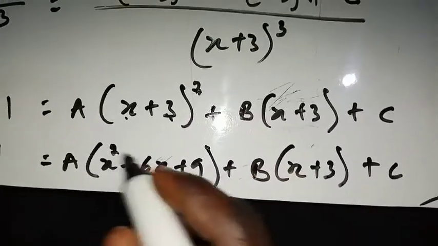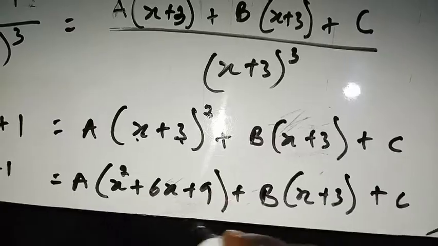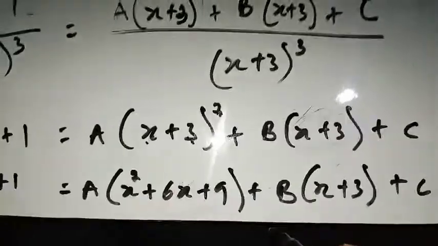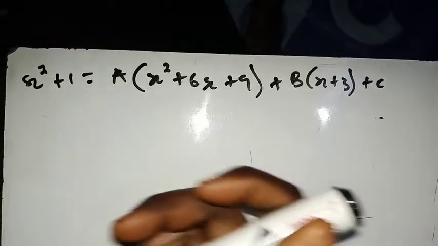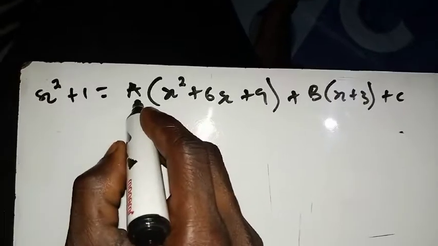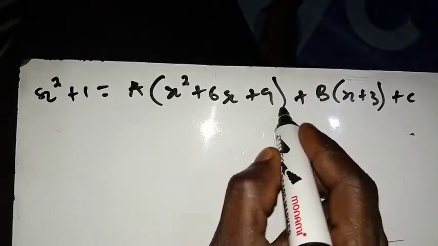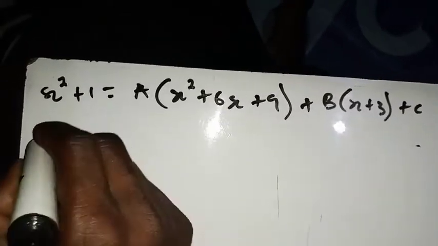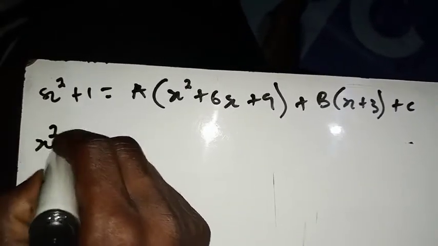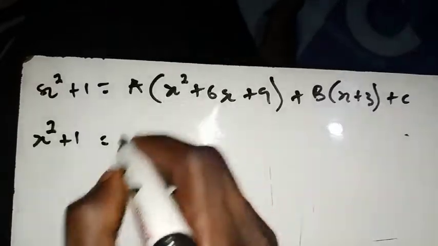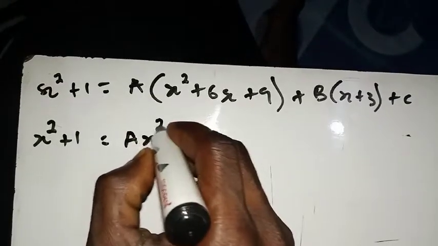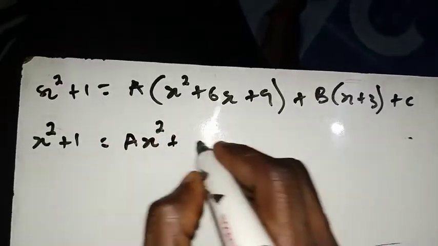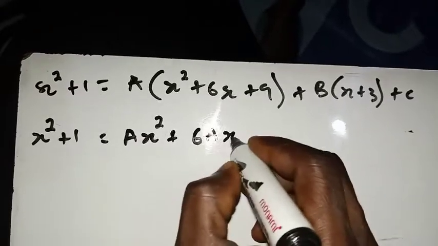Okay, now here we can take off the bracket. So let's see how to take off this bracket here. Taking off the bracket means that we are going to use this number here, this guy here, to multiply everything in the bracket. Use the A to multiply everything in the bracket. So here you have the x squared plus 1, that is equal to this one multiplied by this will give you Ax squared, and this one multiplied by this will give you 6Ax, right?